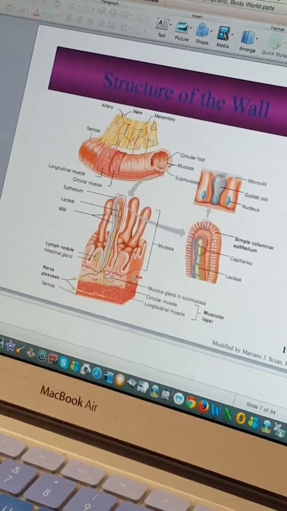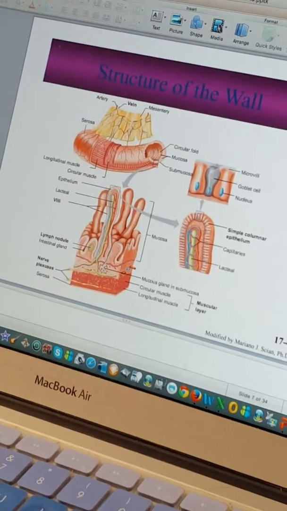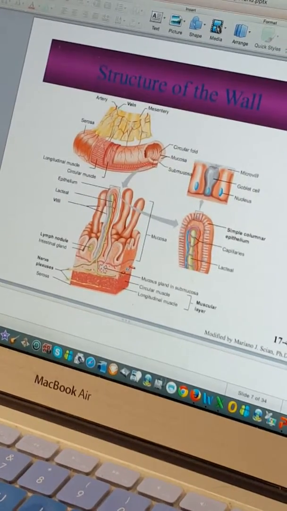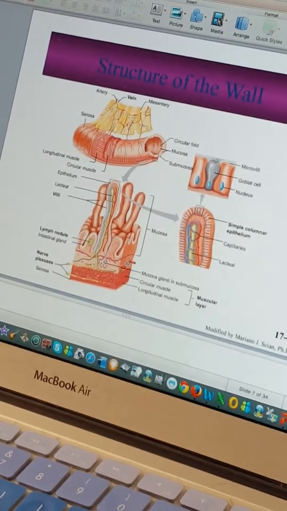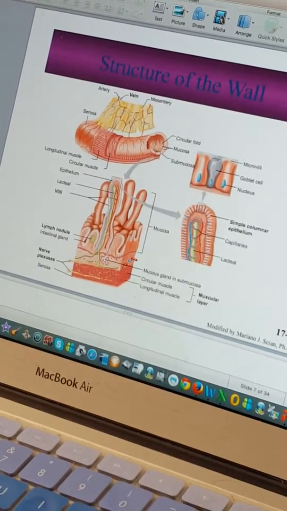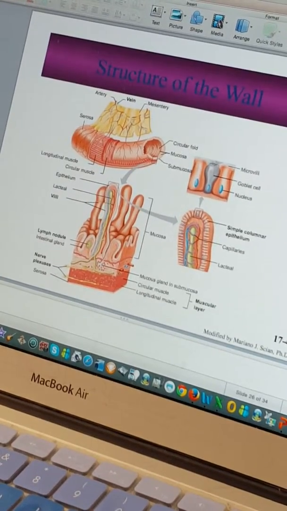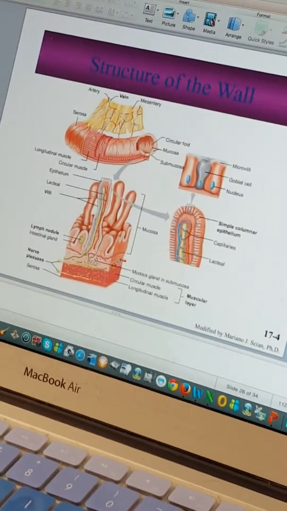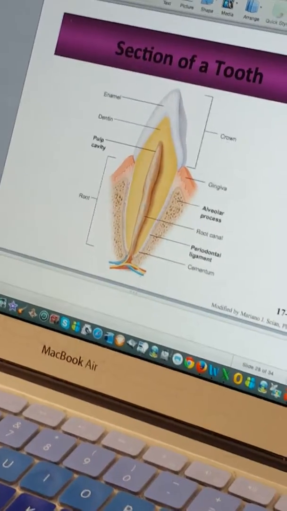Respiratory, digestion, there we go. Digestion, right here. All right, so sort of beginning of the chapter, and then here's the tooth. You need to know the parts of a tooth.